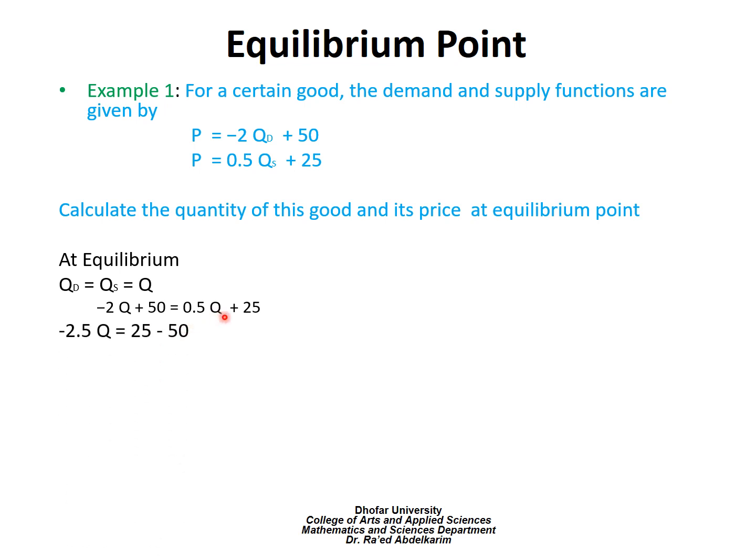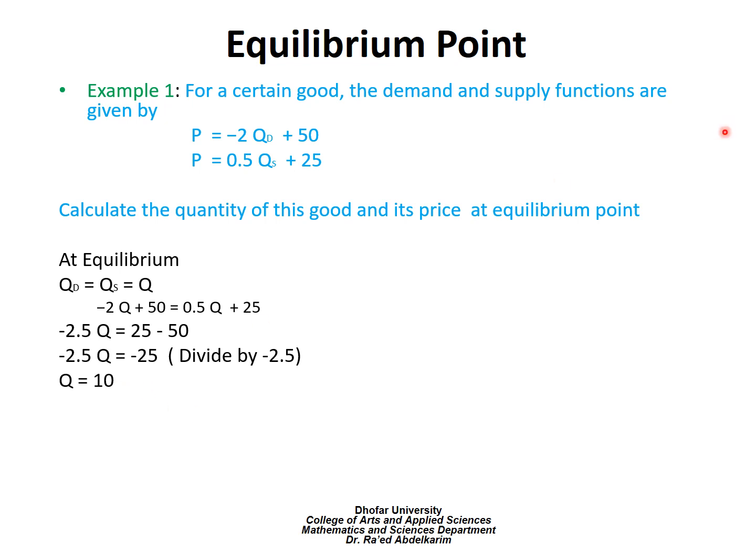Then we manipulate this equation to find the value of Q, and you should be familiar with this kind of manipulation because you learned it earlier. You find a solution for this linear equation with one variable. You can just rearrange the terms and isolate Q on one side, and then you will find Q equals 10. So this is the value of the quantity.